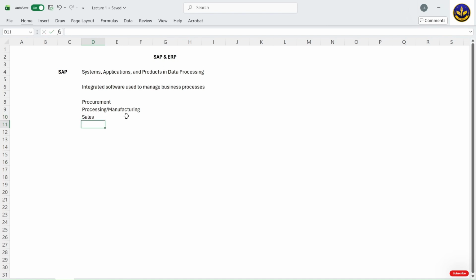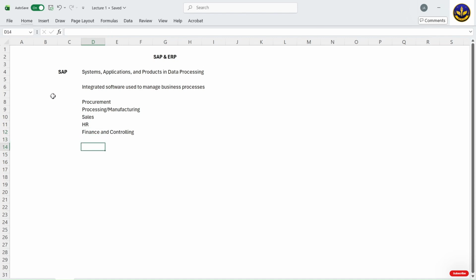And apart from these three core processes, you have to manage the things. For the management, we have human resource management and finance and controlling. To track what is the profit, what is the requirement, what is the cost, what is the revenue, everything is tracked through these business processes.